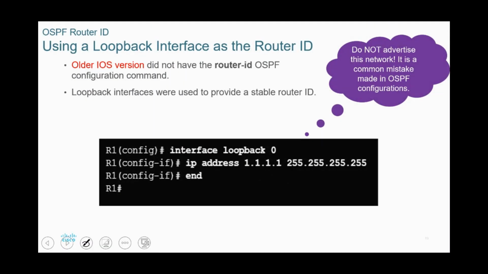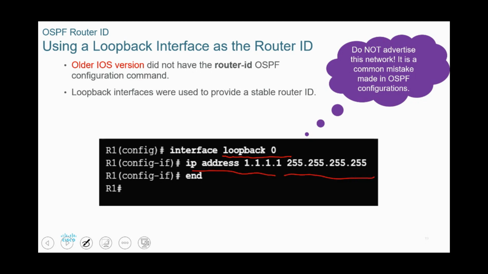The older IOS versions, which is the Internetwork Operating System, did not have the router-id OSPF configuration command, so loopback interfaces were used to provide a stable router ID. So for interface loopback 0, you configure the IP address and the subnet mask.